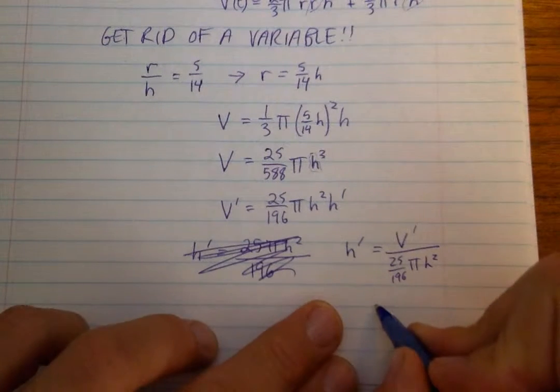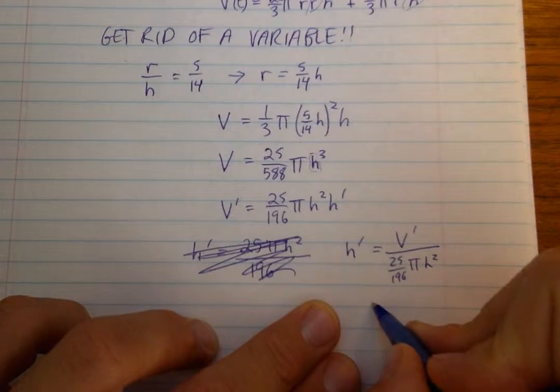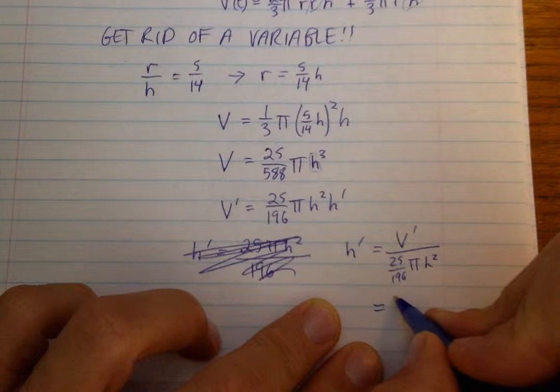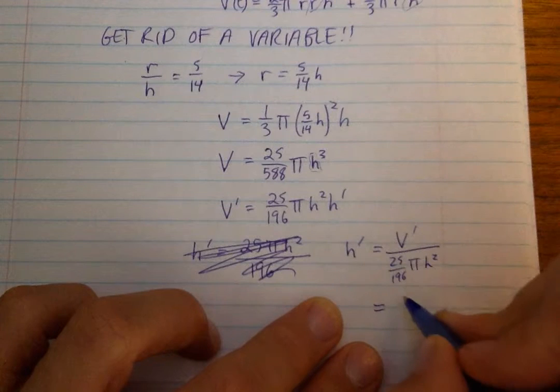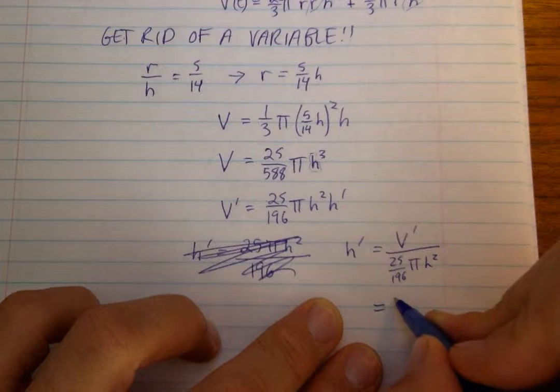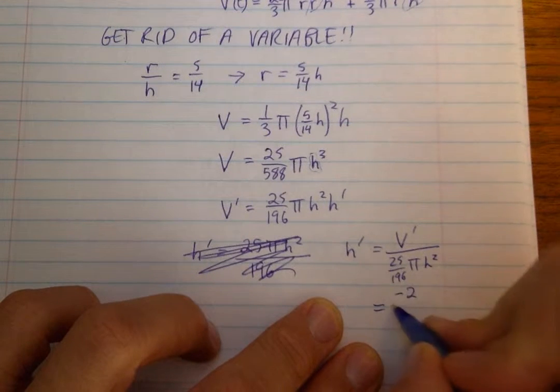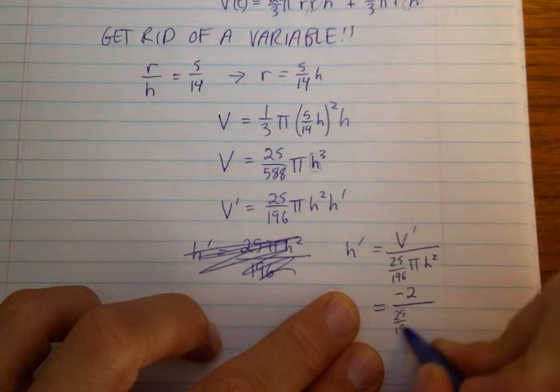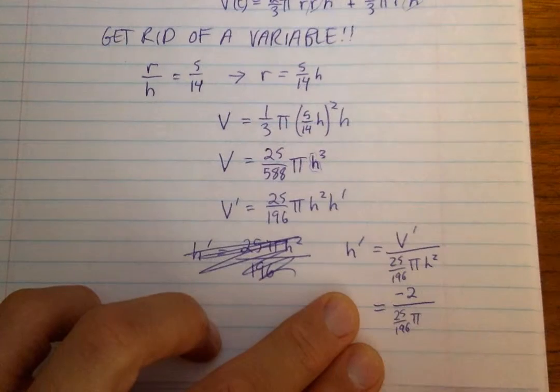And so what we'll find is that when you plug in, well, what was our V prime? That was -2. Okay, then we have 25 over 196 pi, and then h squared.